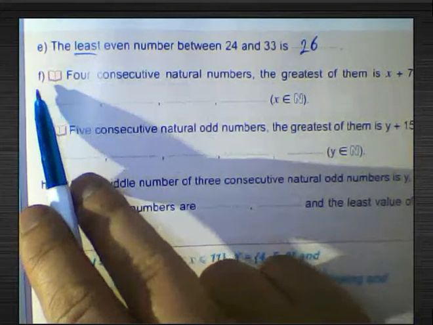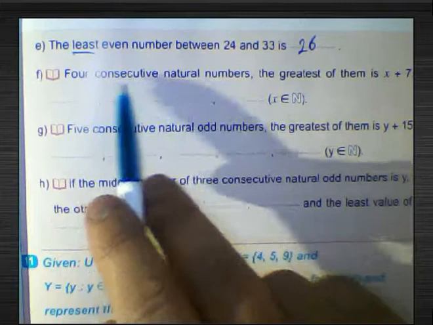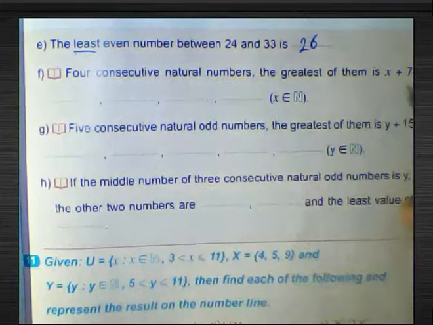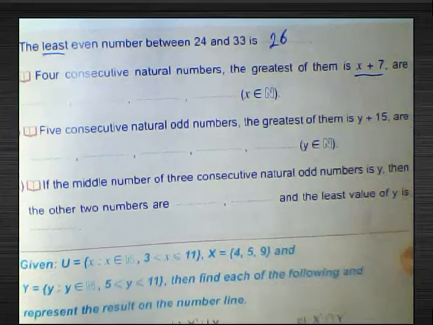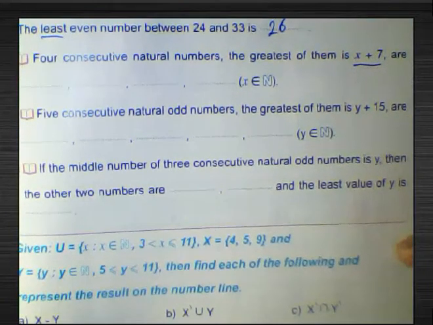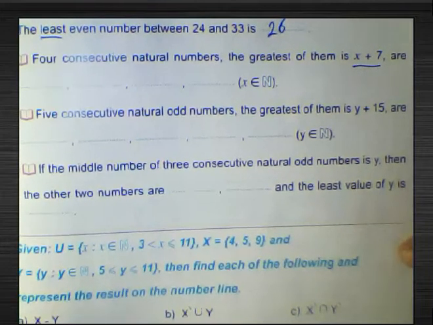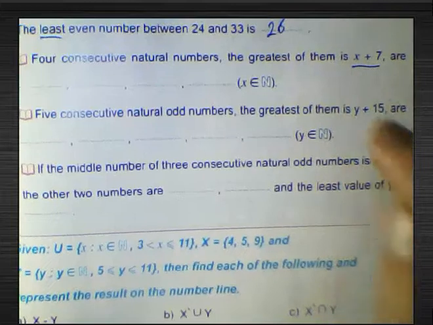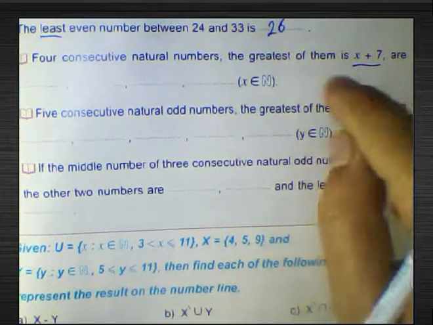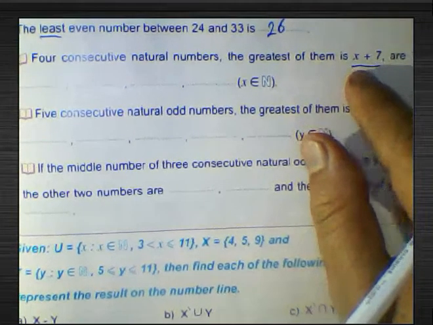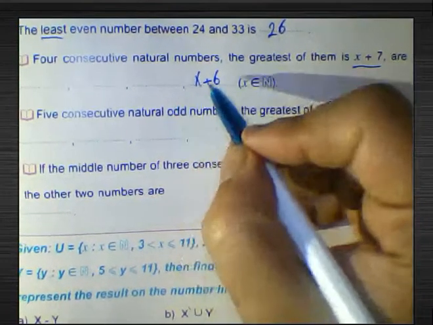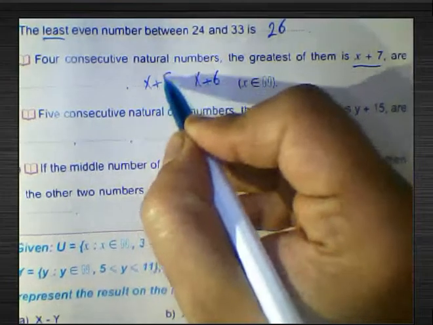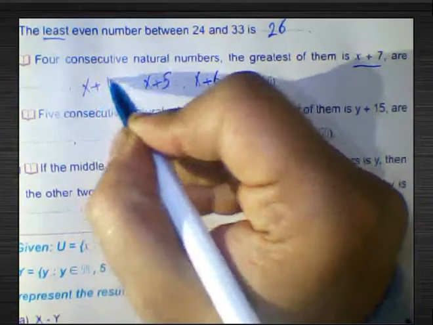Question F. Four consecutive natural numbers, the greatest of them is x plus 7. Again, you want to find four consecutive natural numbers. The greatest of them is x plus 7, so the number before it will be x plus 6, then x plus 5 and x plus 4.